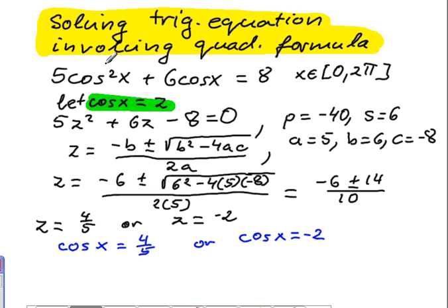Quickly take a look at the cosine function involved, or the ratio, where the minimum and maximum range between negative 1 and positive 1. So to attain a value of negative 2, not possible. So you will reject this. There is no solution here.